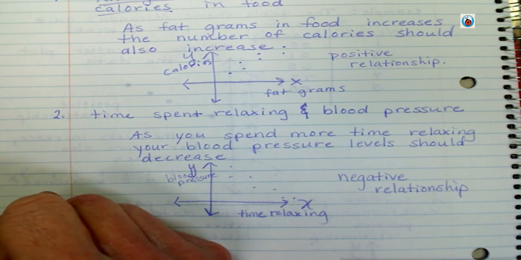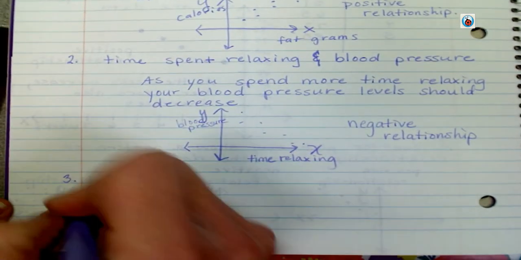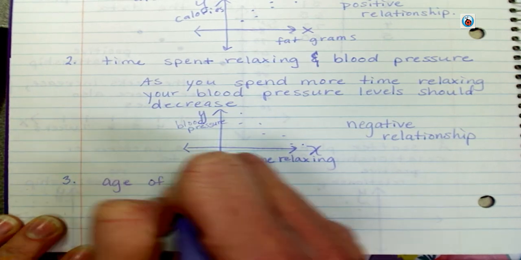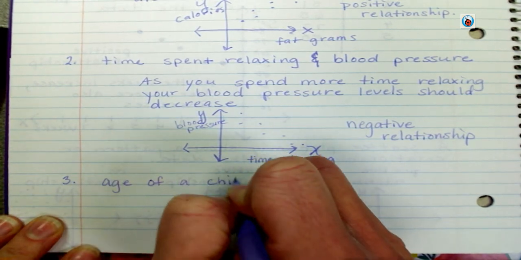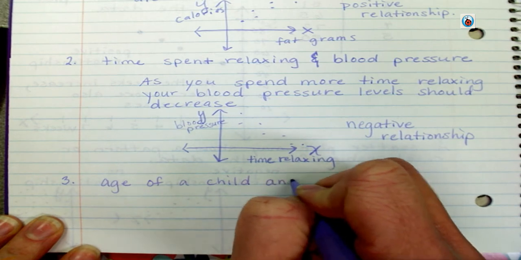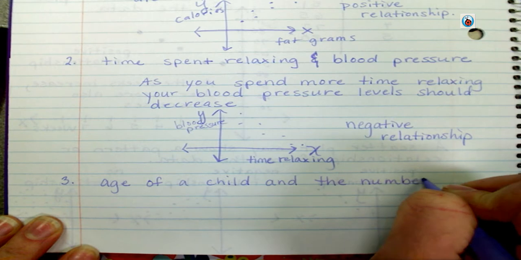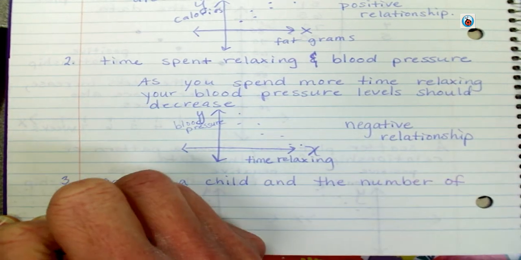And one more. I could also ask you about the relationship between the age of a child and the number of siblings.